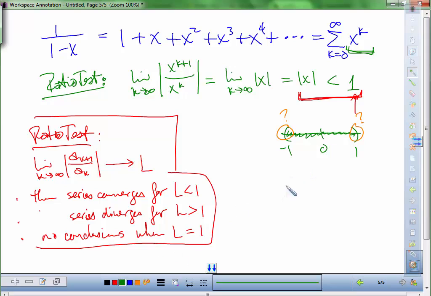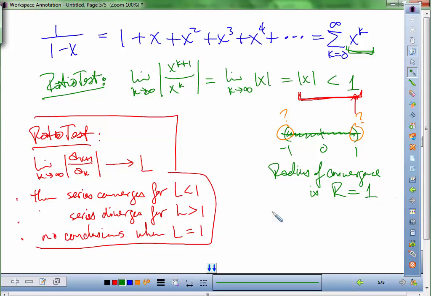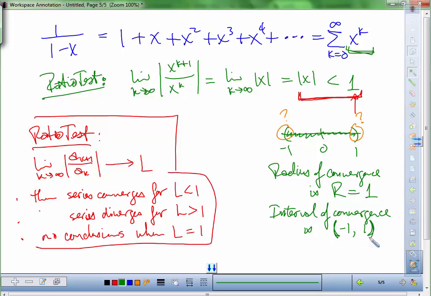So in this case, the radius of convergence is 1, and the interval is open parentheses -1 to 1. Okay?